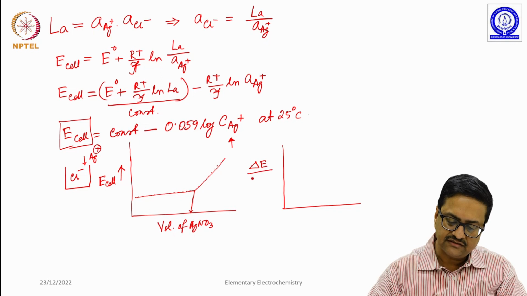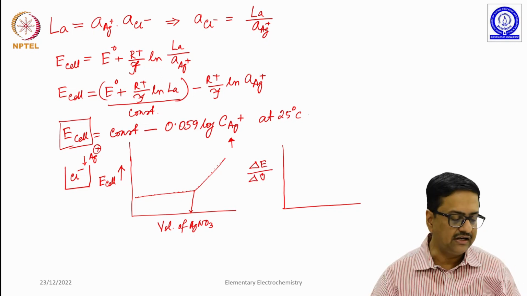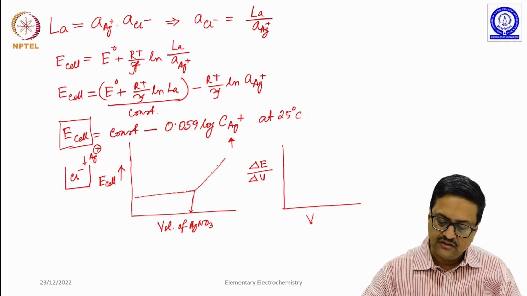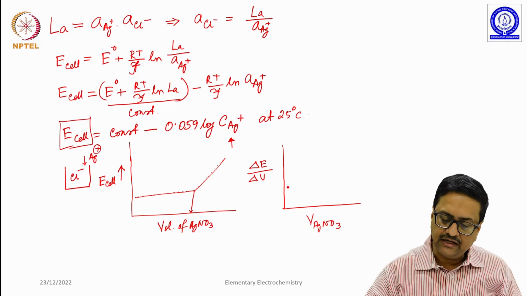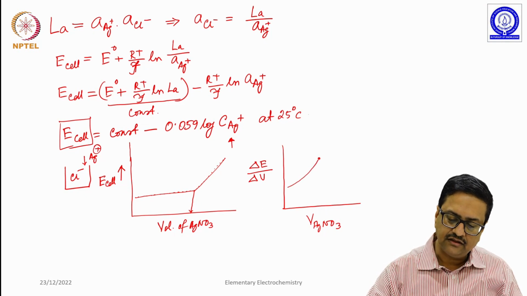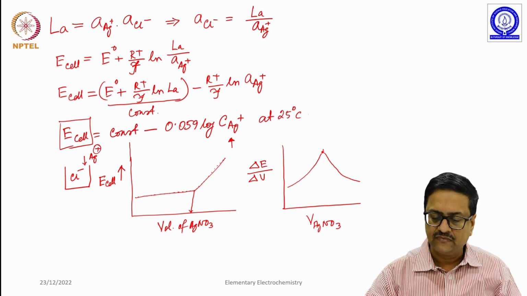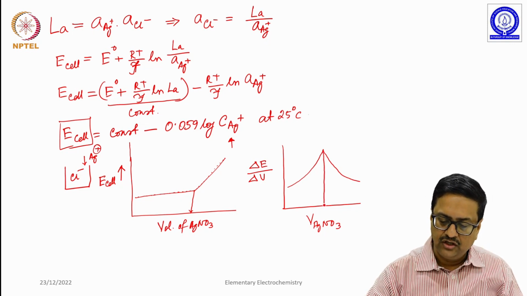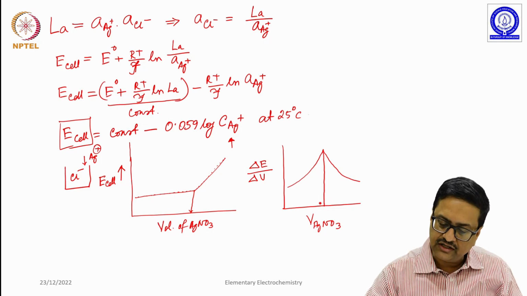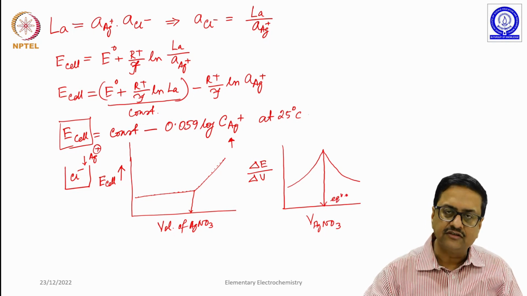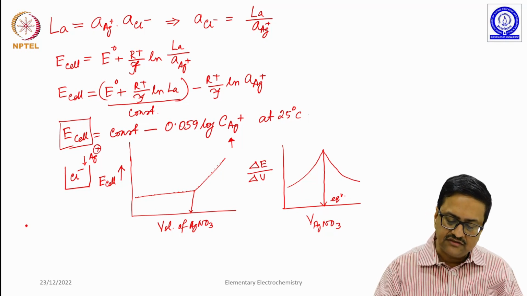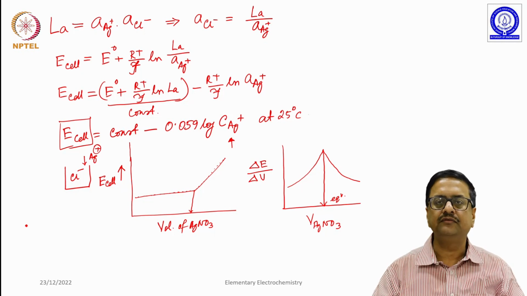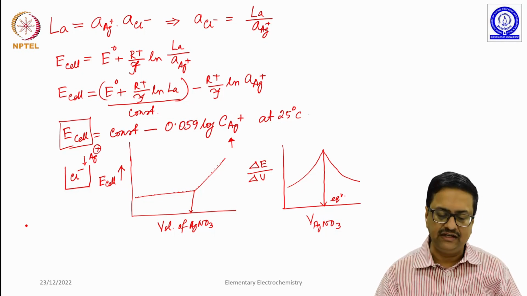So, one can also plot delta E by delta V versus V of AgNO3. So, in that case you will see that the graph increases like that and then again decreases like this. So, with this you will get the corresponding equivalence point. So, this delta V means the difference in the volume between the two consecutive readings.